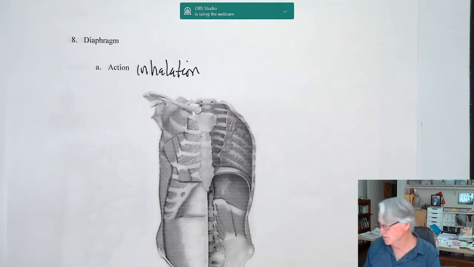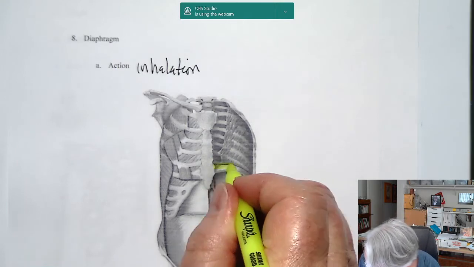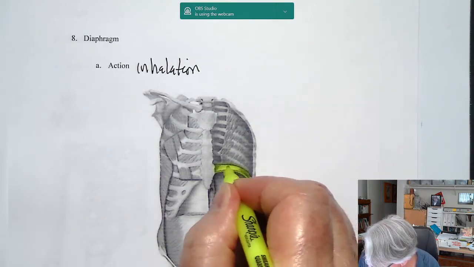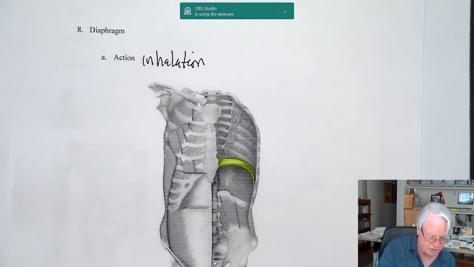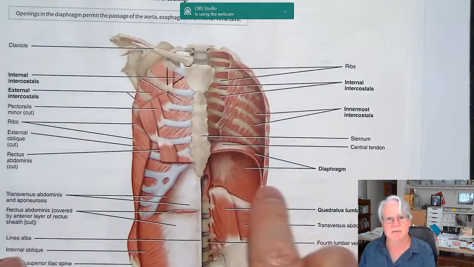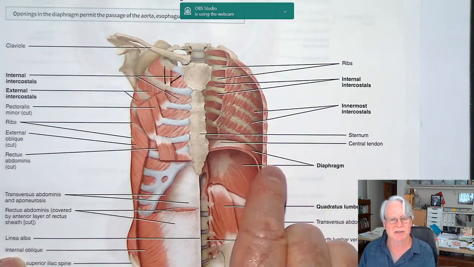This is the muscle that does most of the work. And that is why you will always hear "breathe from the diaphragm." What they're referring to is this muscle right here. Okay. That's the diaphragm. Got a number of different pictures of that. So basically, we're seeing only half of it. It's a dome-shaped muscle. Goes across there.